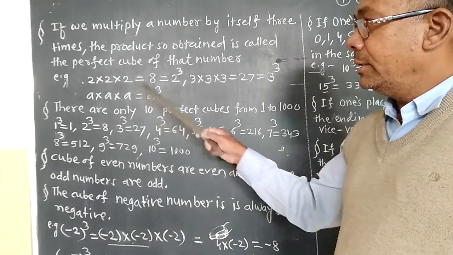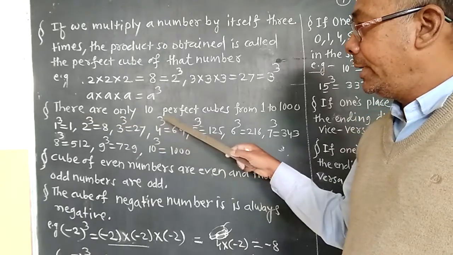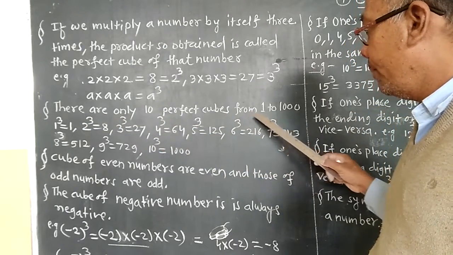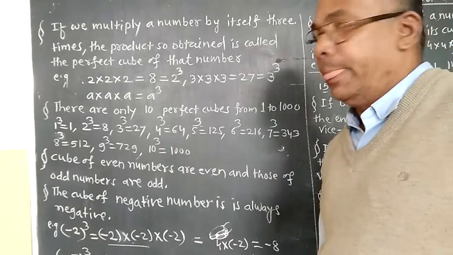Now we have to see the second point, that is, there are only 10 perfect cubes from 1 to 1000.